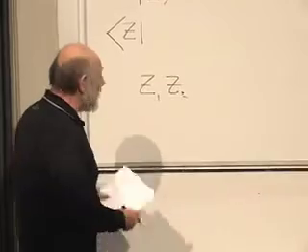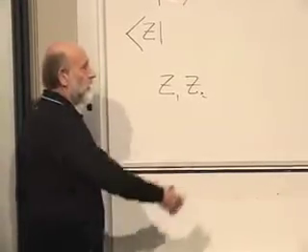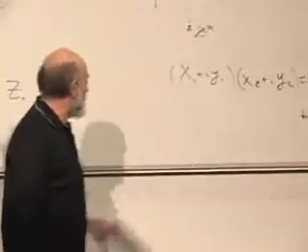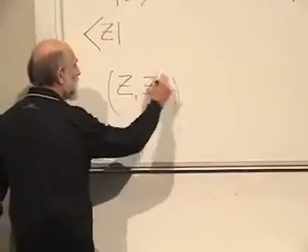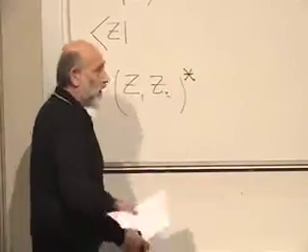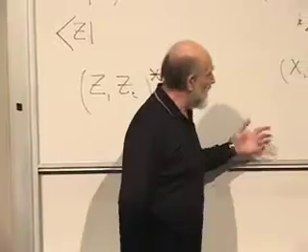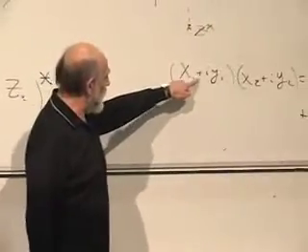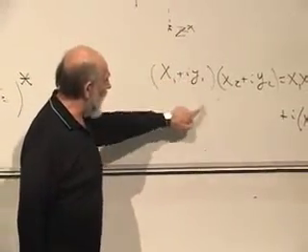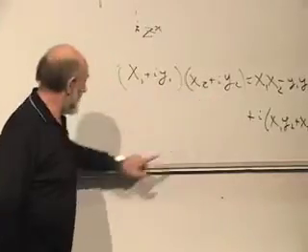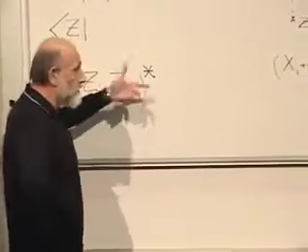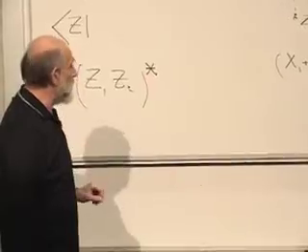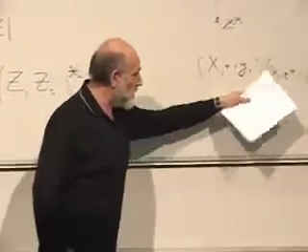A very simple theorem. It's hardly a theorem, it's just a little exercise. The complex conjugate of a product, how do you get it? You just change each plus i to minus i. Each plus i becomes minus i. That gives you the complex conjugates of z1 and z2.